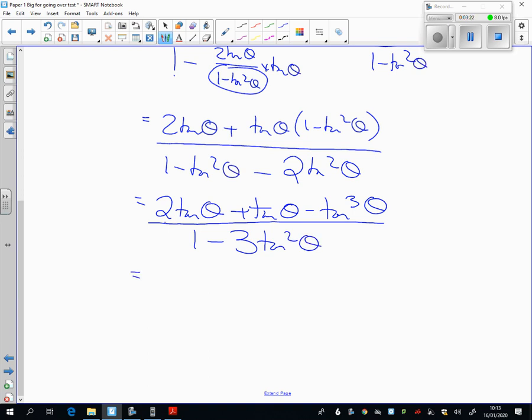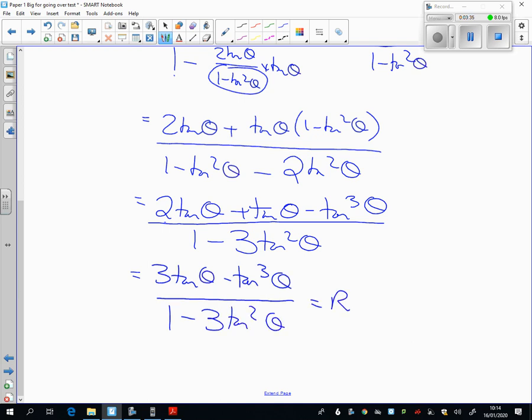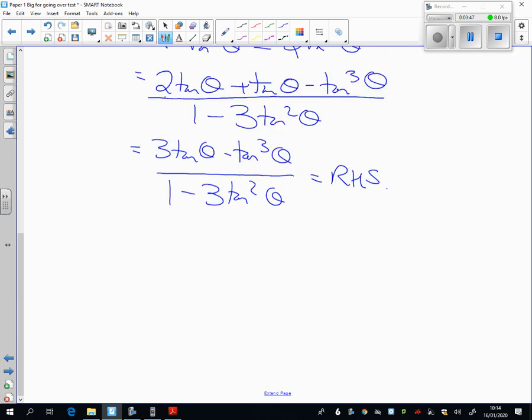In total, we've got 3 tan theta minus tan cubed theta, all divided by 1 minus 3 tan squared theta, equals the right-hand side, and solve. There are going to be other ways of doing that, and certainly other ways of dealing with the fractions. I think a lot of people are going to get mucked up by so many fractions there.